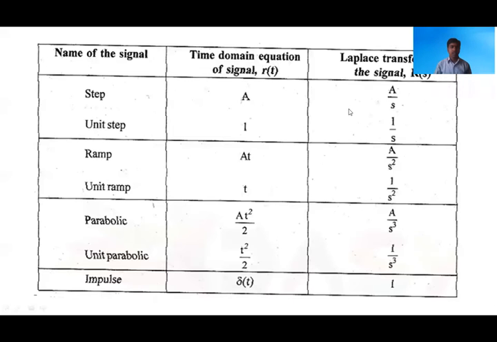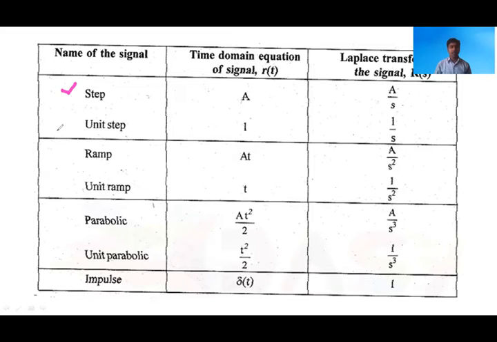These are the time and Laplace domain expressions of the different test input signals. If the signal is step, the amplitude is A, that means the magnitude is not 1, it is a step signal, and its Laplace transform is A by s.